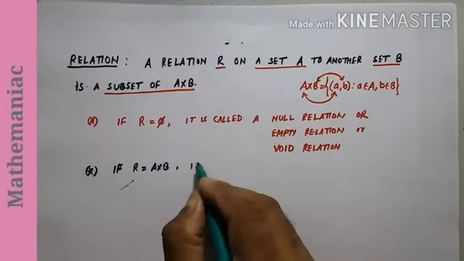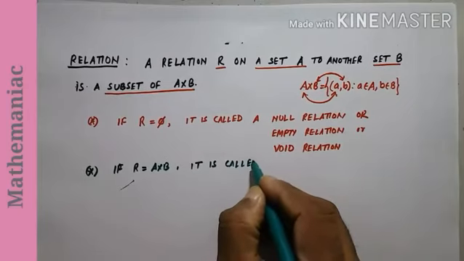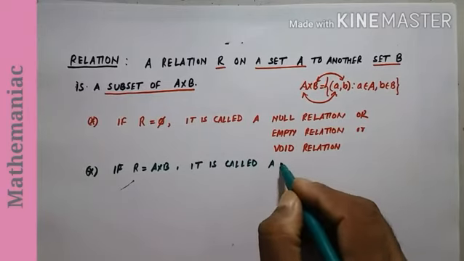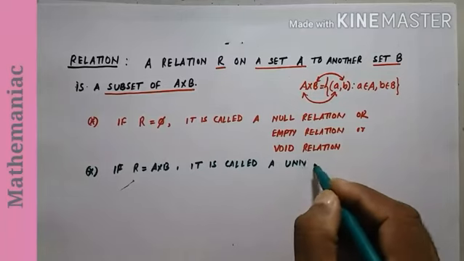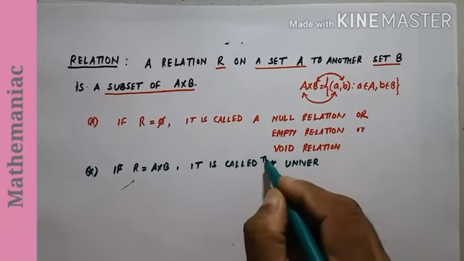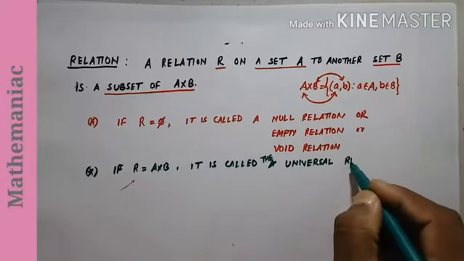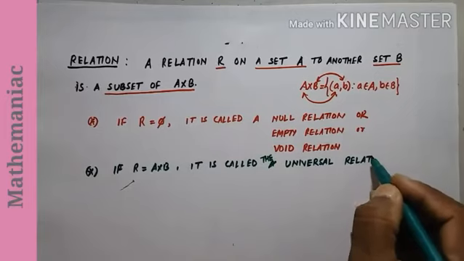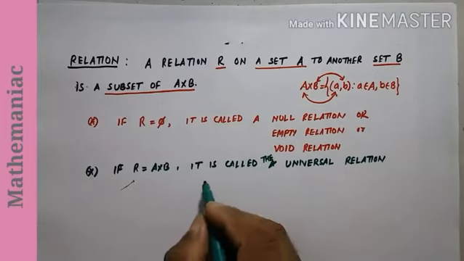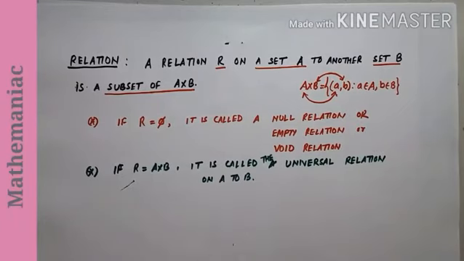If this is the case, it is called a universal relation on A to B. So these are the things which we already got in class 11.